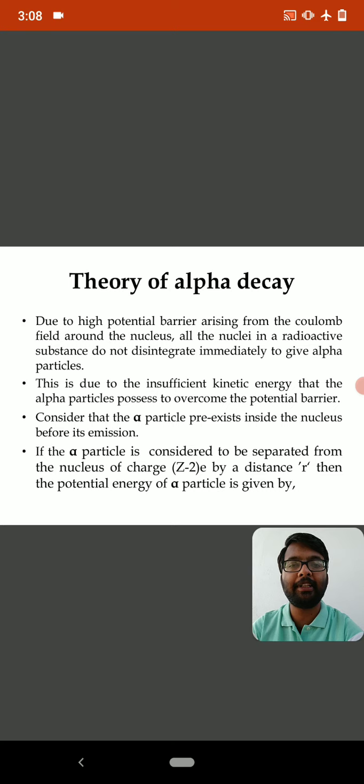Of course, there is a Coulomb repulsive force, but there is one more force which can easily overcome it, and that force is known as the strong nuclear force. The strong nuclear force is the interaction between proton-proton, neutron-neutron, and neutron-proton.